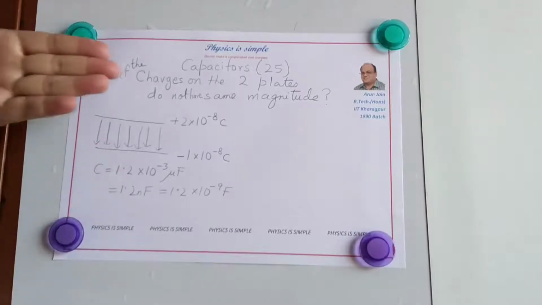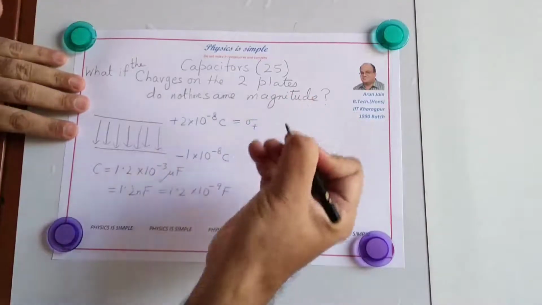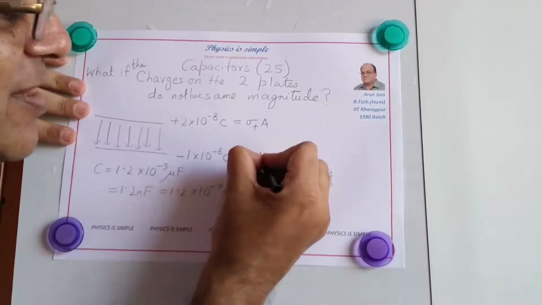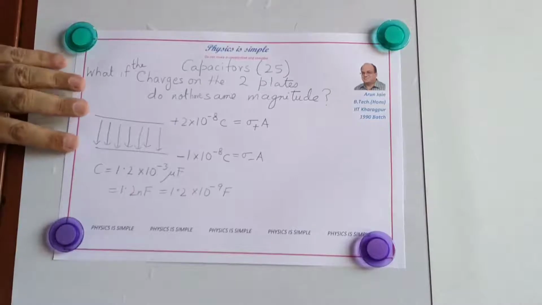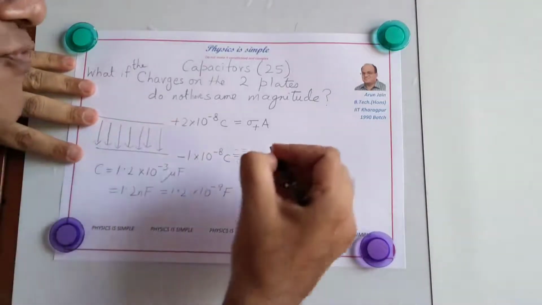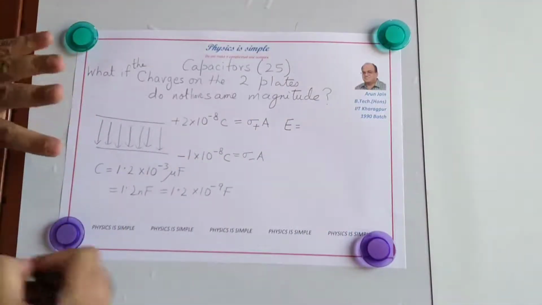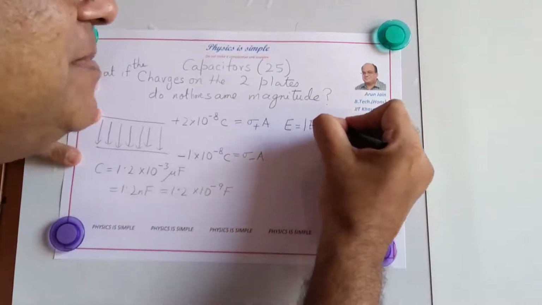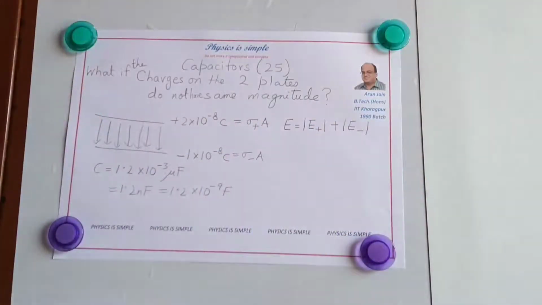But since here these have different magnitudes, this has some sigma plus, into area, that is the charge, and this is sigma minus into area. The charge per unit area is what is called sigma. So the net electric field between the plates will be equal to the magnitude of the electric field due to the plus charge plus the magnitude of the electric field due to the minus charge plate, because both are creating electric field in the same direction in between the plates.